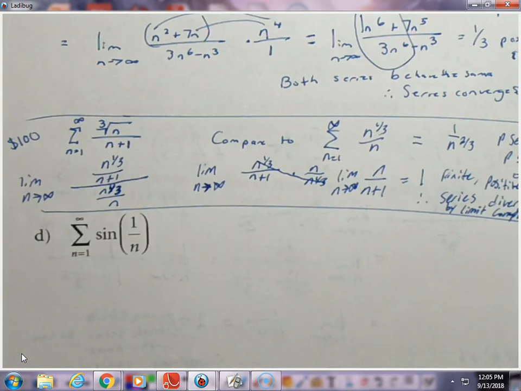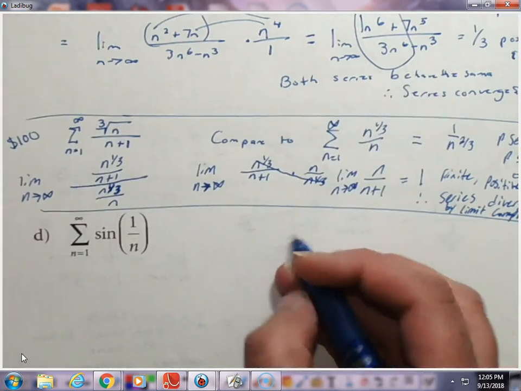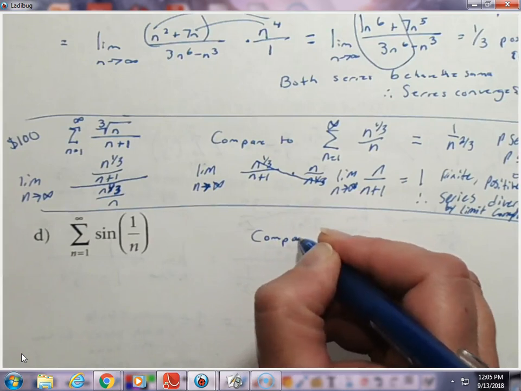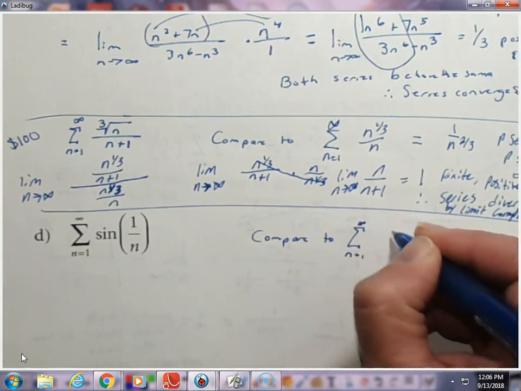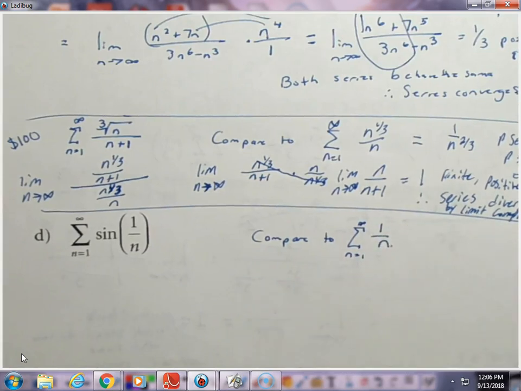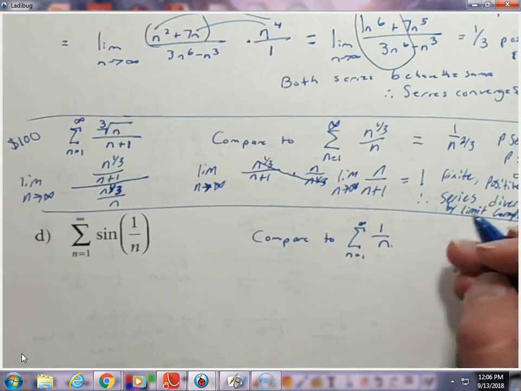Basically, when you don't have any idea what to compare to, you're going to compare to 1 over n, like I did on that other one. This is just one of the classic ones. I definitely don't know which one's bigger. I guess I could graph it and see if it was something from some point onward, but I don't just off the top of my head know.